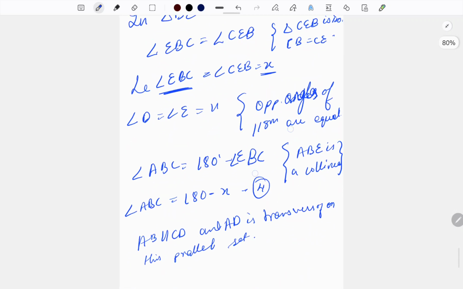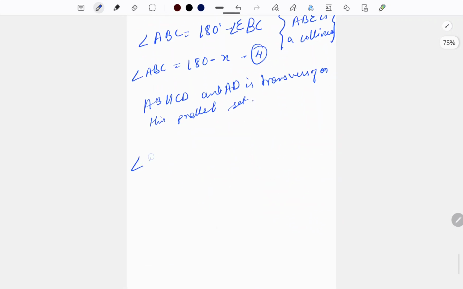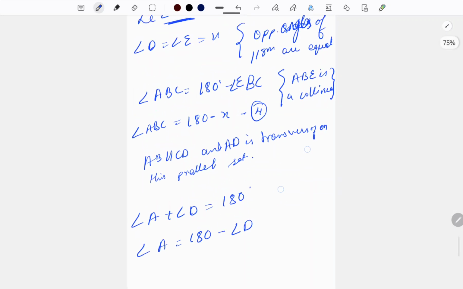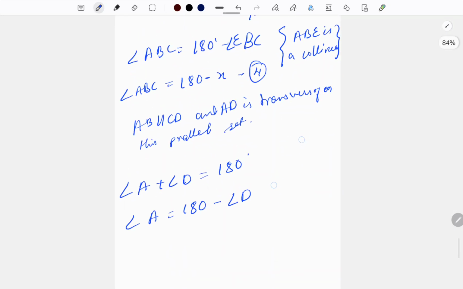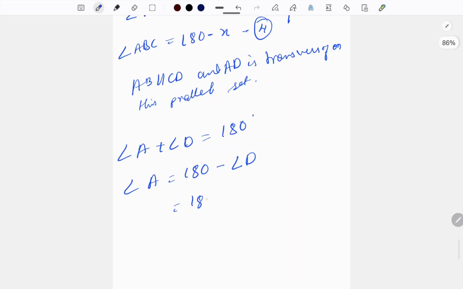Yes, angle A plus angle D is 180 degrees, or angle A is equal to 180 degrees minus angle D. Now angle D and angle E we have already taken as x, so 180 minus x. So this will be equation number 5.